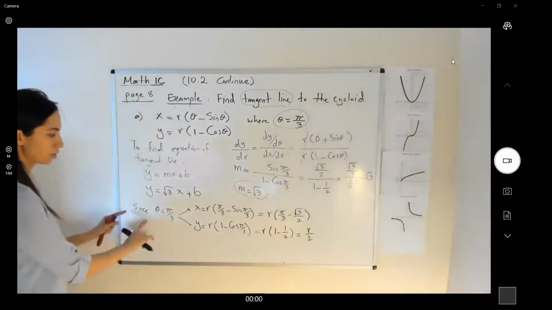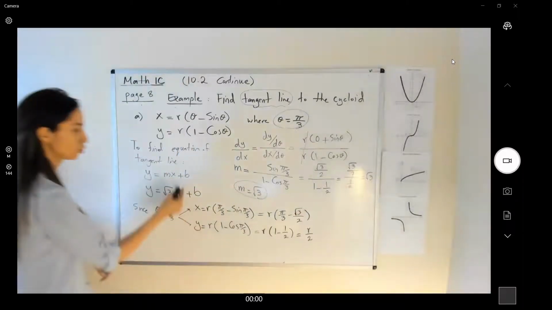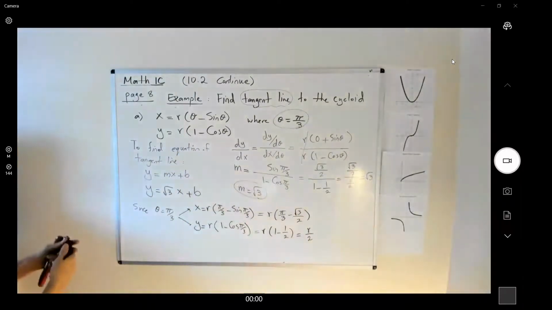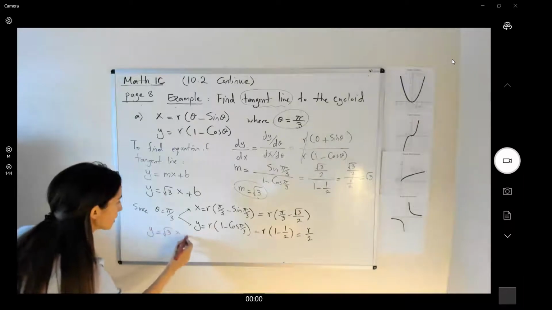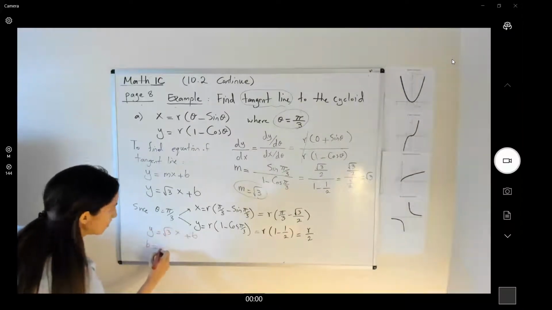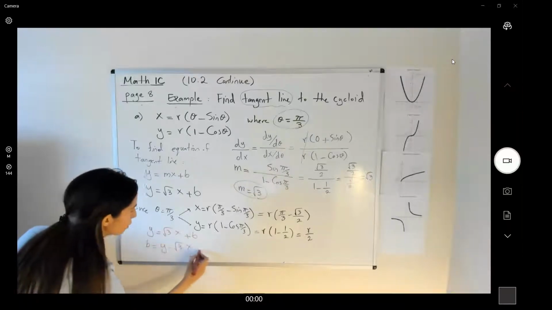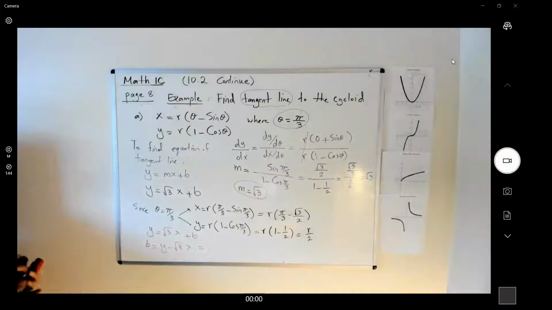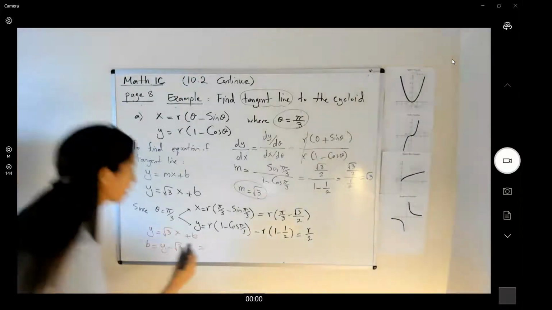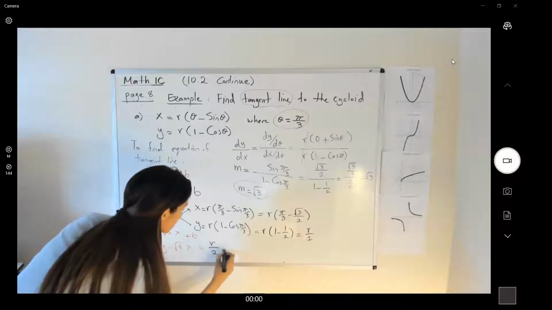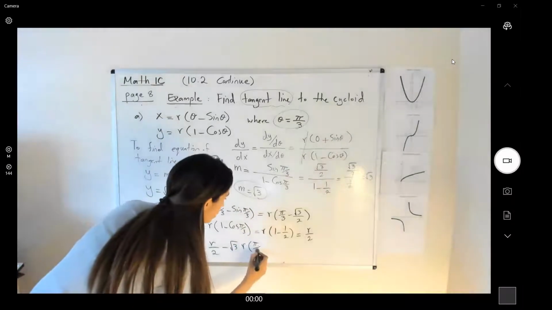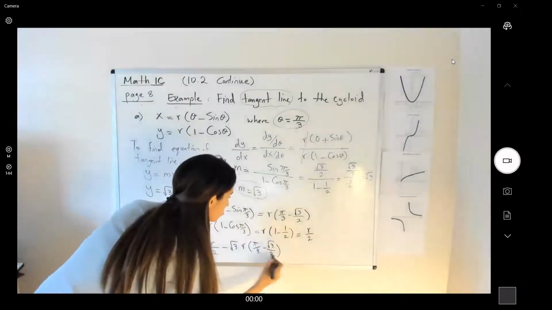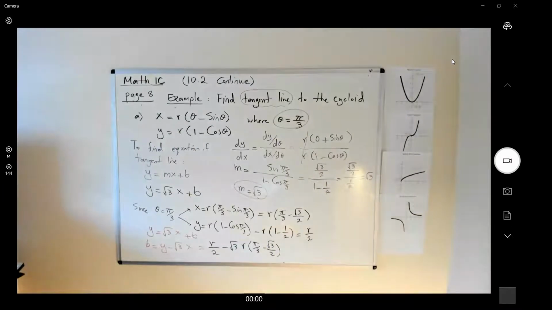Okay, we can use x and y to find b. So y is equal to square root of 3 times x plus b. So b is equal to y minus square root of 3 times x. There you go. Y is r halves minus square root of 3 times r times pi over 3 minus square root of 3 divided by 2.